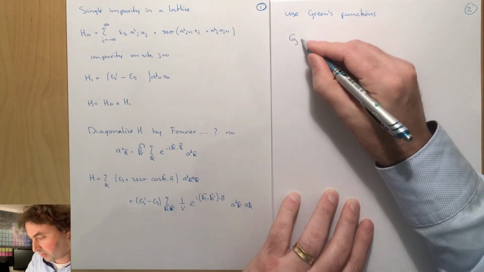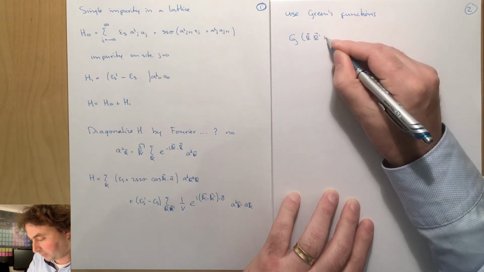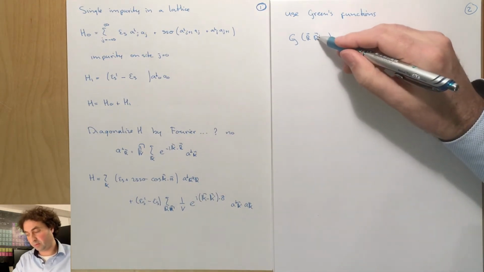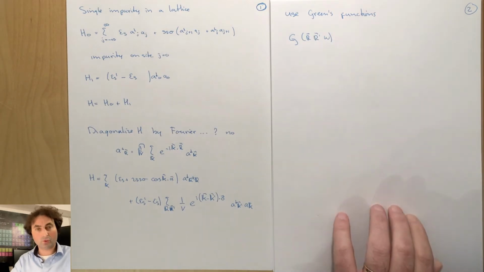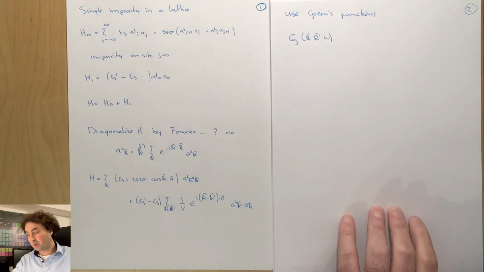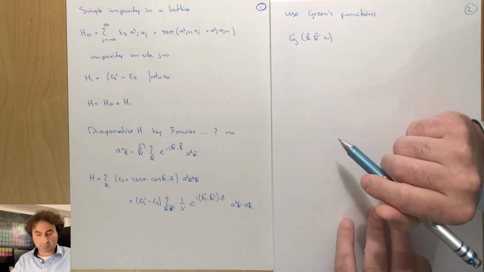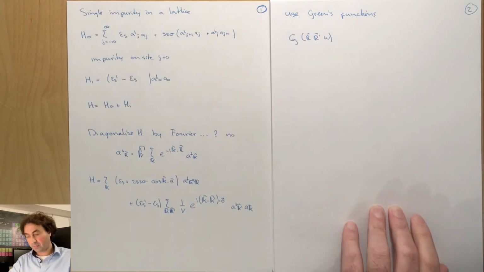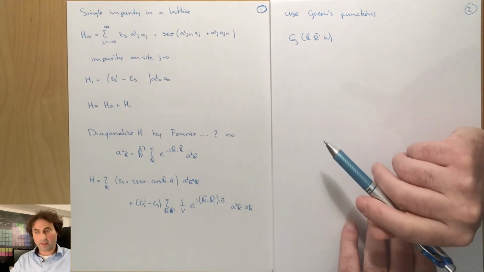So our Green's function in real space, R R prime of omega, tells you how you propagate when you insert a particle at site R prime to site R. For a periodic system, it only depended on the distance between R and R prime. Our Hamiltonian is no longer periodic, so now it really matters where you put that particle and where you annihilate it.